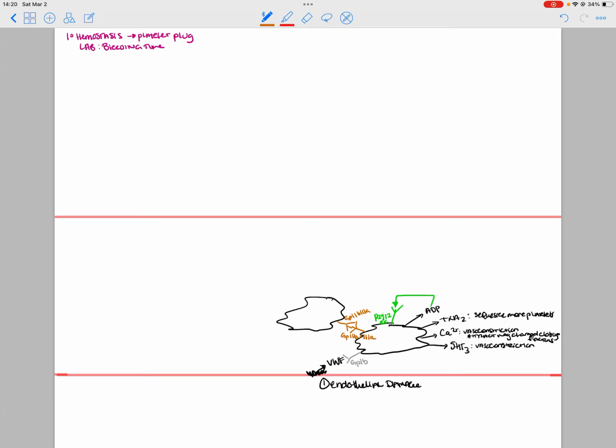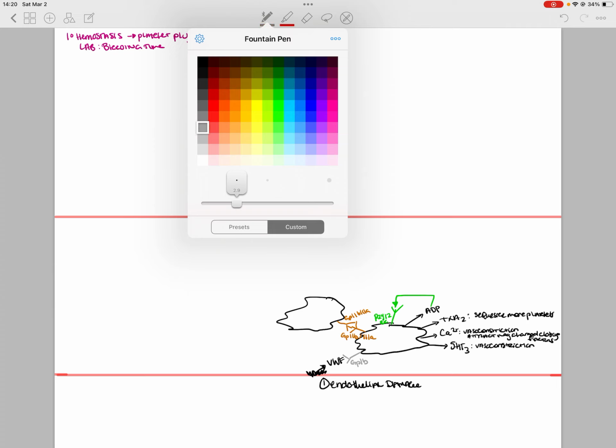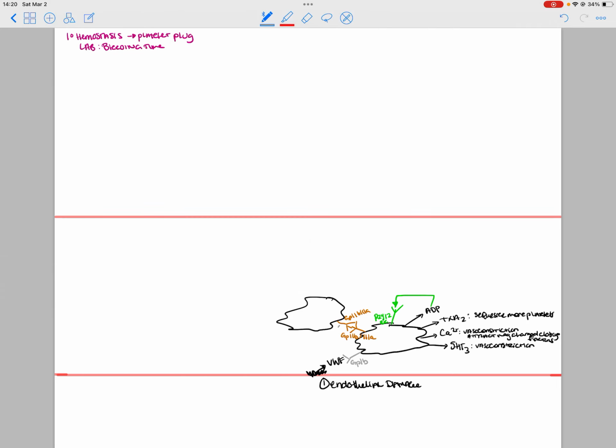So we've got these receptors binding together, and then fibrinogen is going to come over here and seal this bond, and we'll put that bond in red actually. So fibrinogen is going to come in here and it's going to seal that bond. And remember, fibrinogen will convert into fibrin in the clotting cascade.